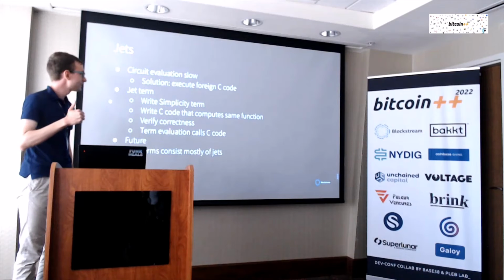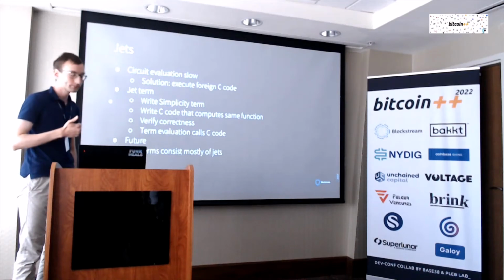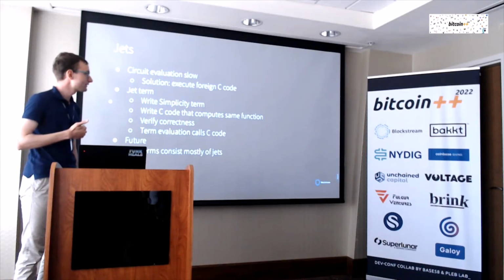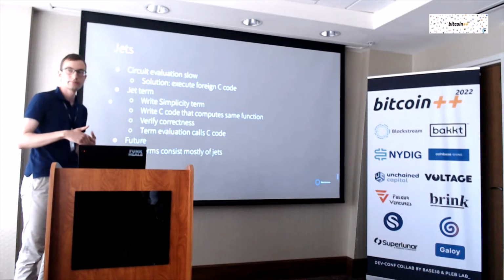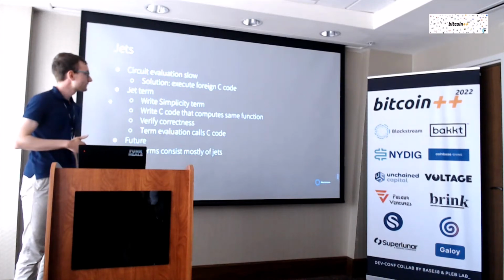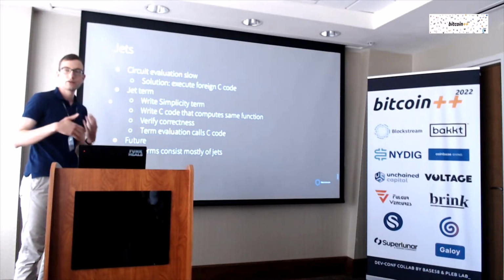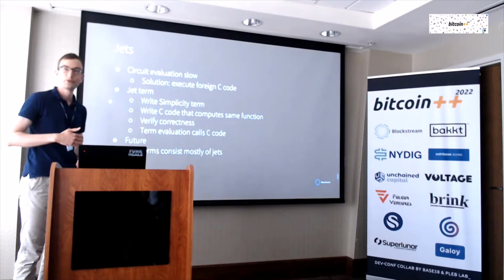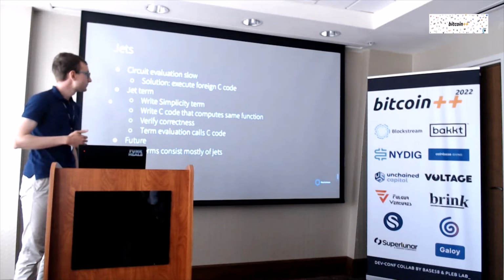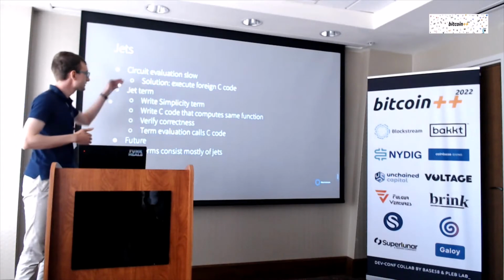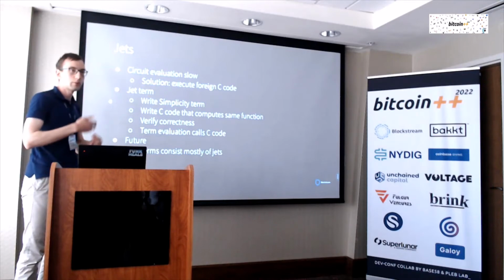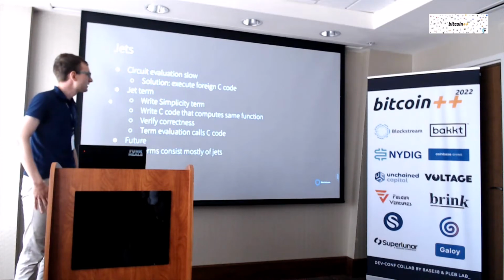One problem is that circuit evaluation is rather slow, or at least it doesn't compare with native C code. Even though our computers are circuits, Simplicity and how it's validated is not exactly how computers work. So one solution to the problem that Simplicity is comparatively slow is that you can execute C code, right?